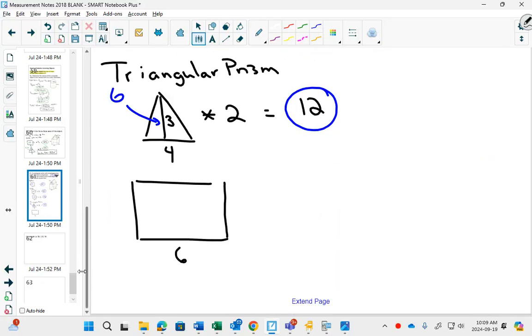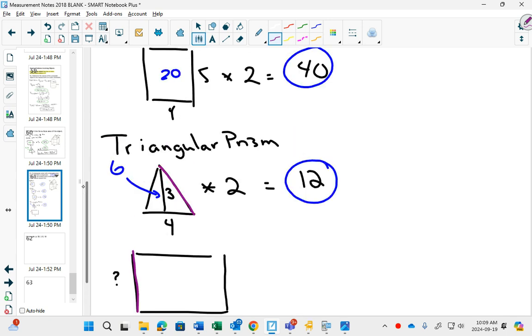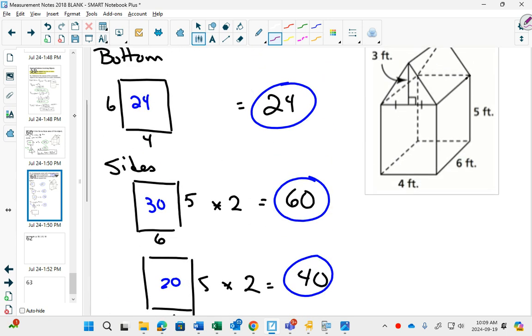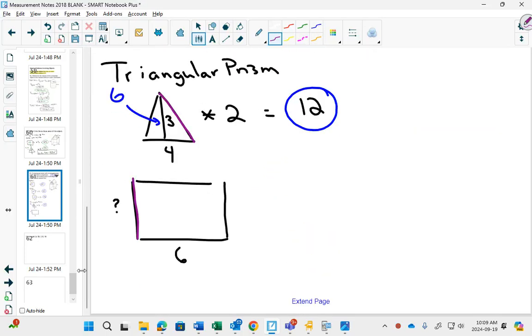But the problem with this rectangle is we don't know this side. This side right here, which I'm going to show in purple here, is the hypotenuse. We draw it on here. I don't know that length, but it's the hypotenuse of a right-angled triangle. And so if I want to find that purple side, I look at that right-angled triangle.